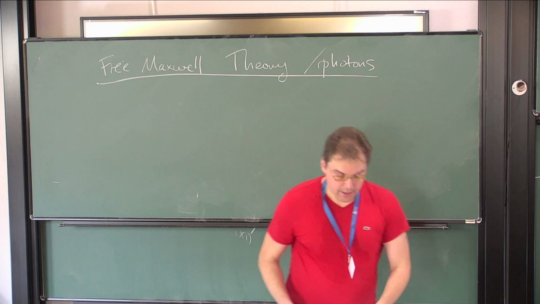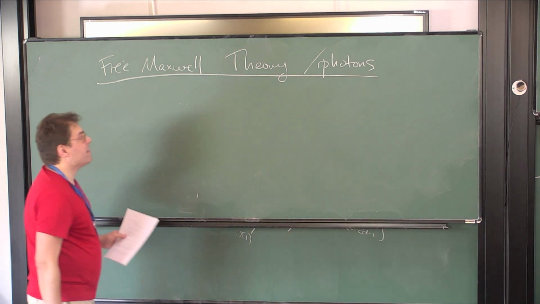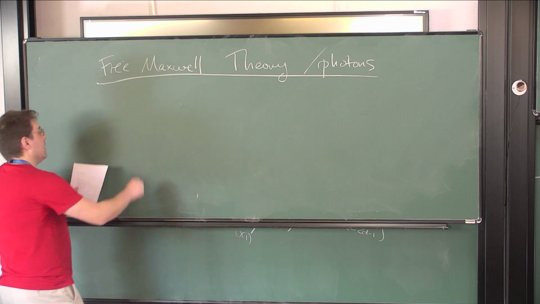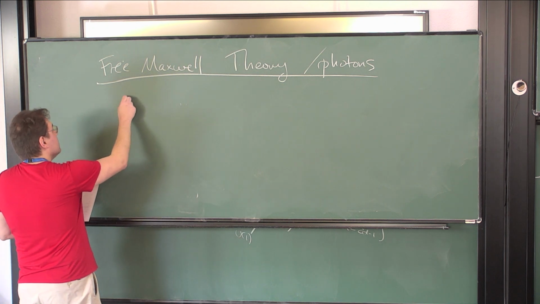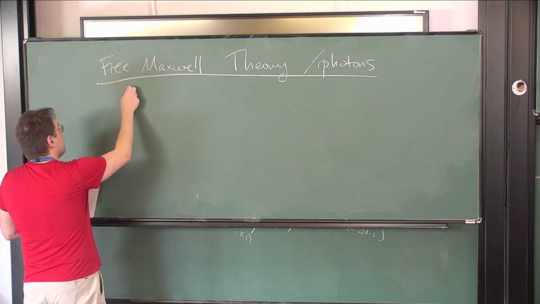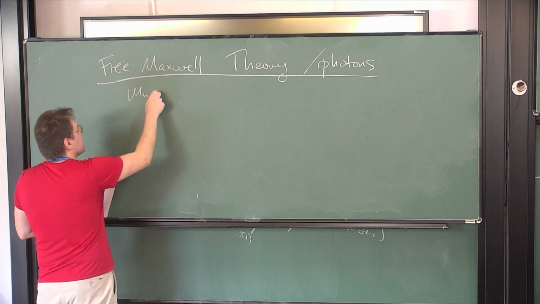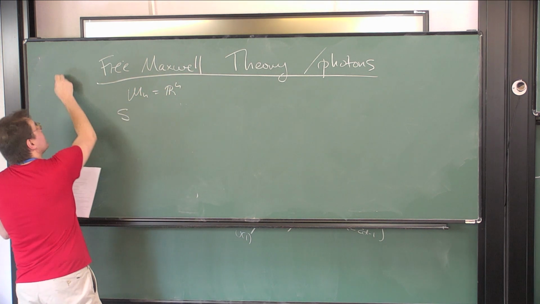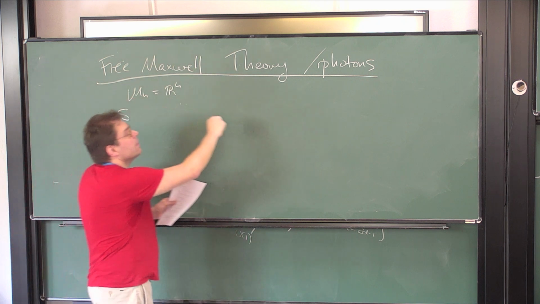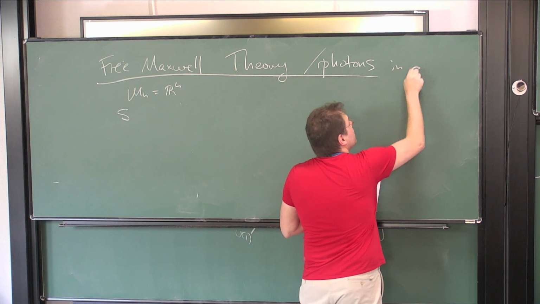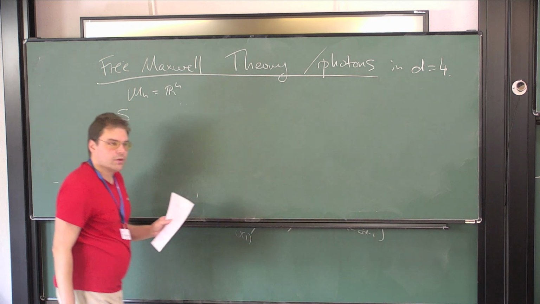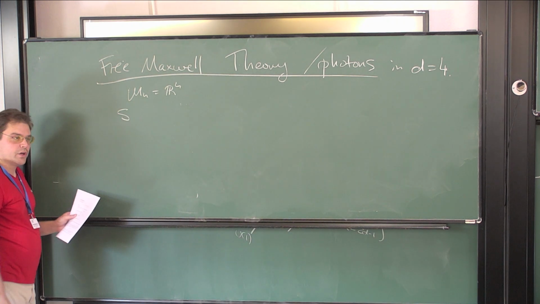So let me discuss some basic aspects of Maxwell theory that I will need. The action, at least in flat space-time, let me consider for starters just flat space-time. And I'm also going to limit myself to 4D. There are lots of nice generalizations in other dimensions, but let's stick to 4D.